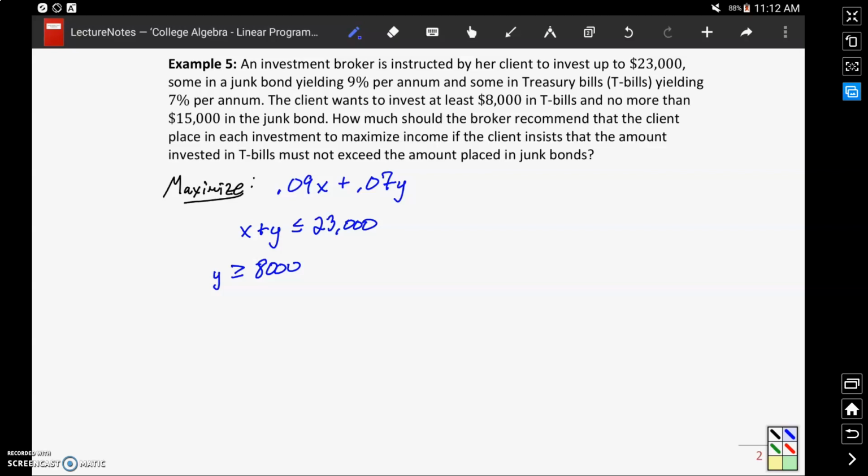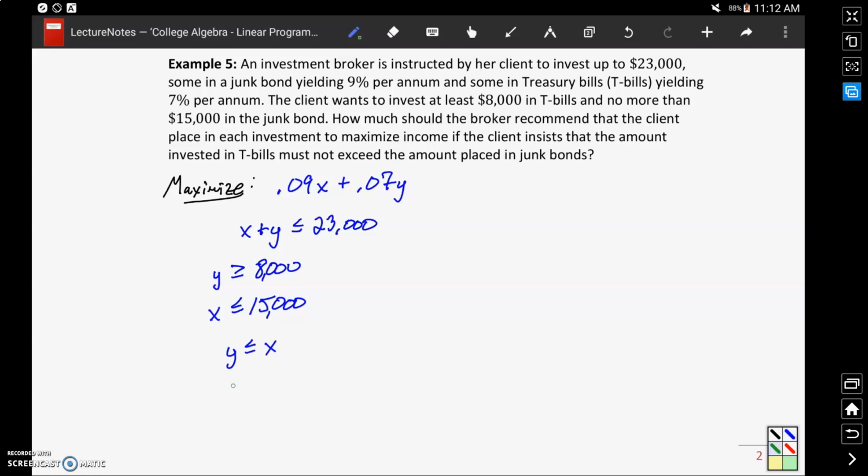And no more than $15,000 in the junk bond. So our value for x has to be less than or equal to $15,000. And in the last sentence, we're told that the amount invested in treasury bills must not exceed the amount placed in the junk bonds, which would mean that y has to be less than or equal to x.